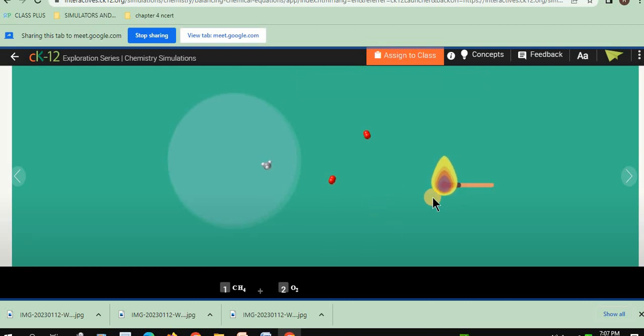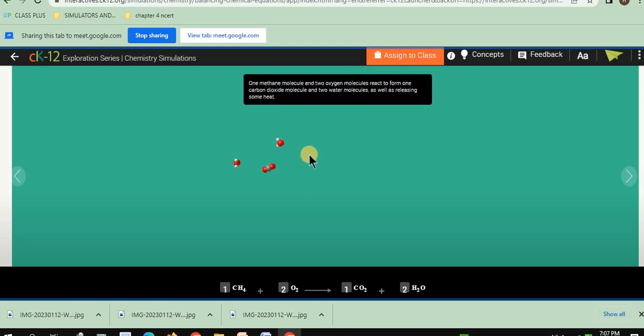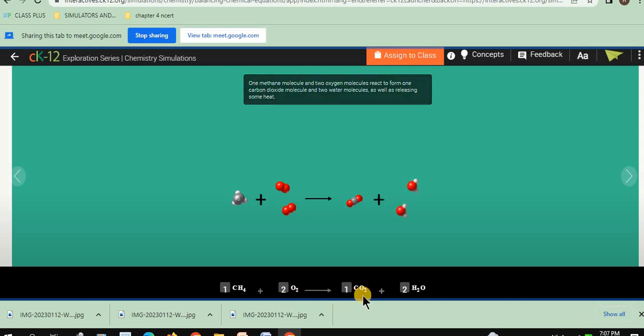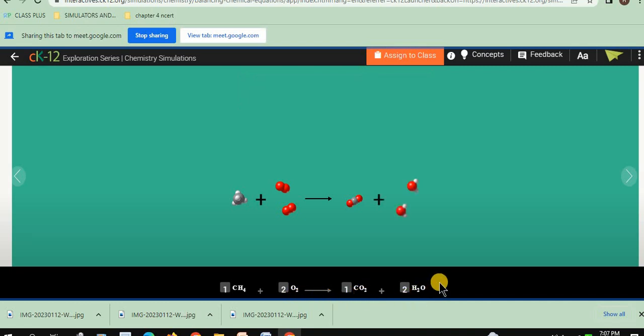We want to burn, right? If you burn, what will you get? Carbon dioxide and water. Absolutely right. So it means one molecule of methane reacts with two molecules of oxygen to give one molecule of carbon dioxide and two molecules of water.